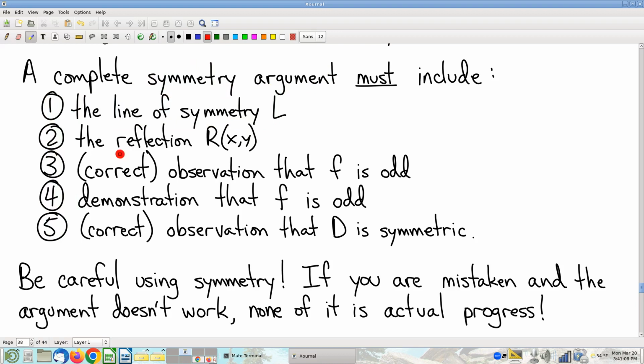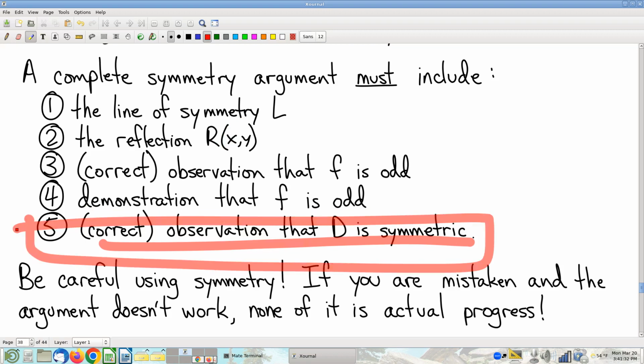I need to know what the reflection formula is, because once you claim, as you must in order to be able to make a symmetry argument, that F is odd, in order to demonstrate that F is odd, you're going to need that reflection formula. And then you also have to observe correctly that the domain is symmetric. Notice conspicuously absent: you do not have to demonstrate that the domain is symmetric.